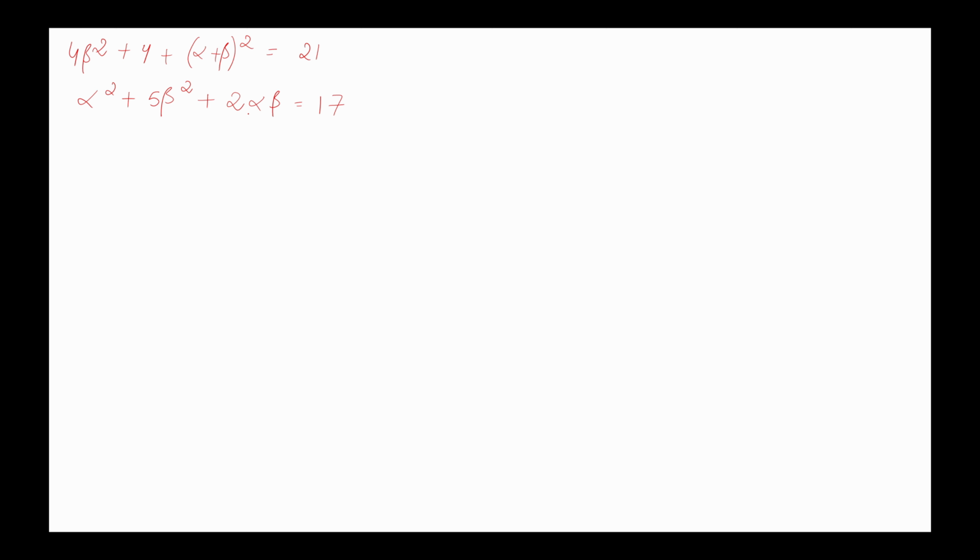So let us replace alpha beta with minus 6. We get alpha square plus 5 beta square minus 12 equals 17, and from here alpha square plus 5 beta square equals 29. So this is the first equation that we have gotten.